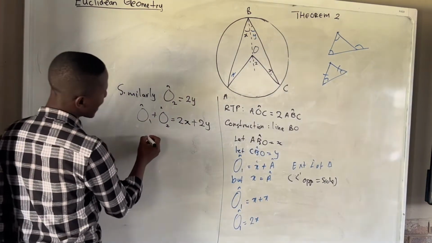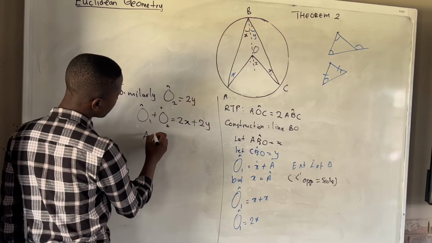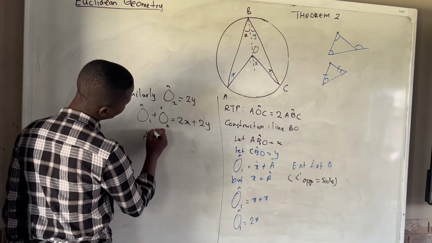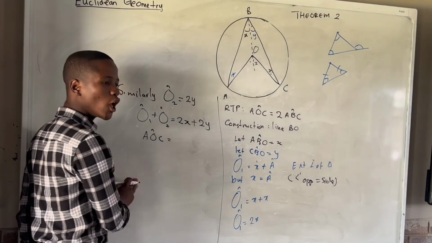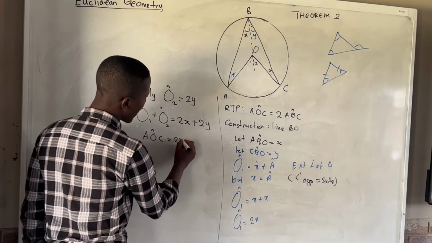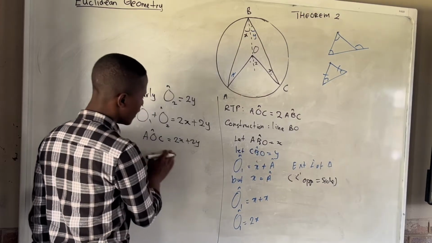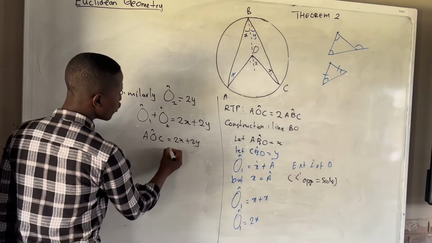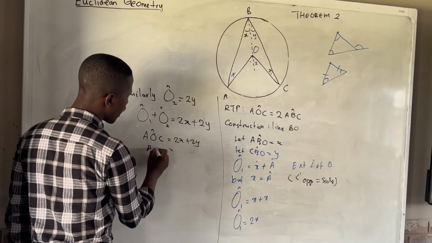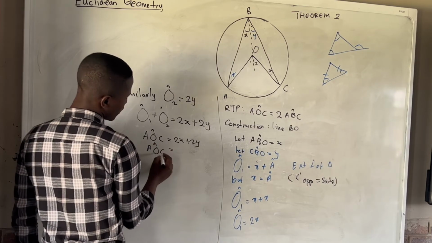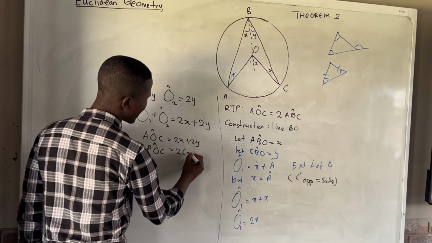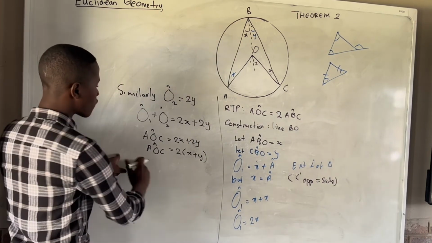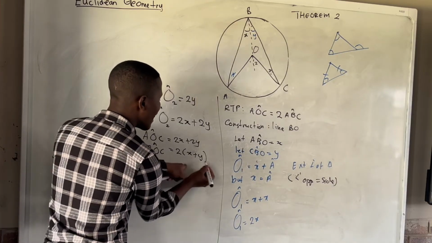So you can write that, therefore, your angle AOC is going to be 2x plus 2y. Here, if you check, you have a common factor, which is 2. So your AOC is going to be equal to 2 into bracket x plus y, if you take out the 2 as your common factor. Now, what is your angle x plus y?